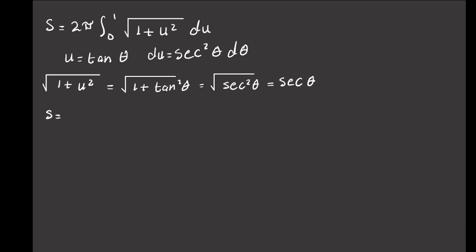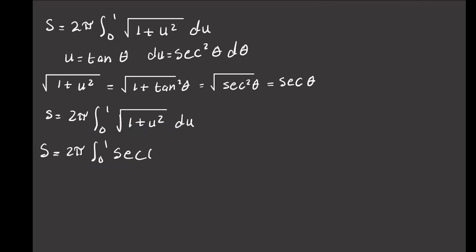The surface area from 0 to 1. I need to write the 2 pi outside. So 2 pi from 0 to 1. Now the square root of 1 plus u squared du would become S equals 2 pi from 0 to 1 secant of theta. Now du is equal to secant squared of theta d theta.